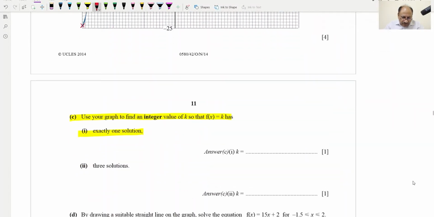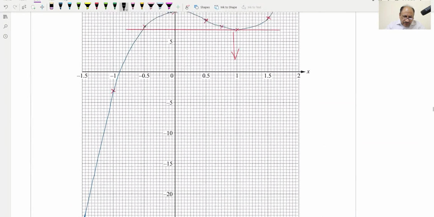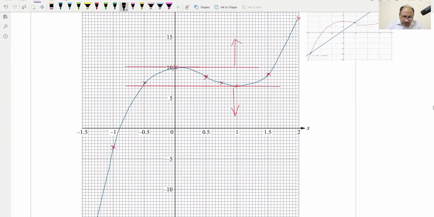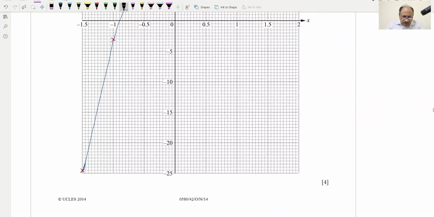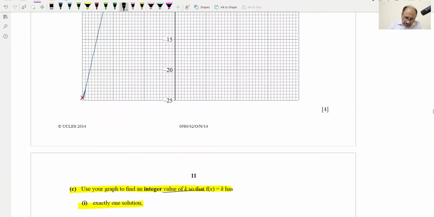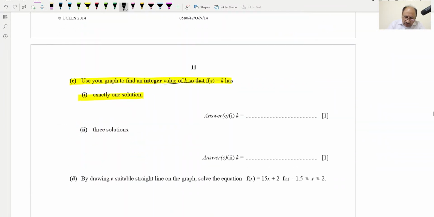So we can write here f of x is equal to k has one solution. Here we have to mention any value less than 7. Use your graph to find an integer value of k. So the integer value we can mention like k is equal to less than 7, can be 5, 6, any value. So I'm just mentioning, for example, 5 over here.